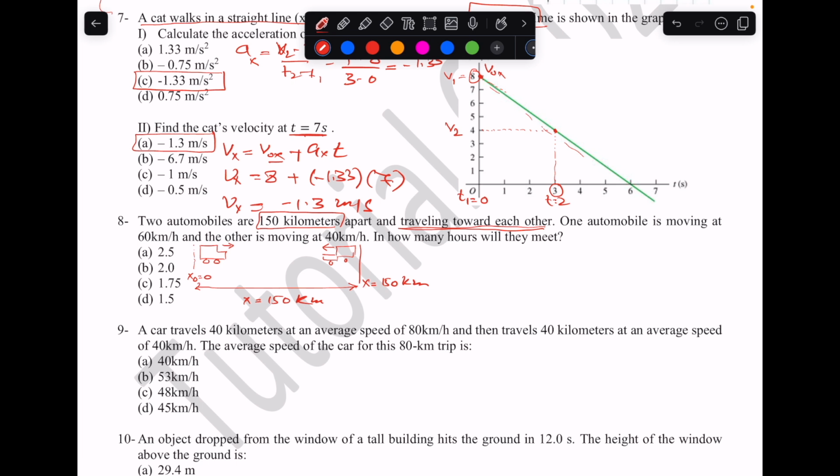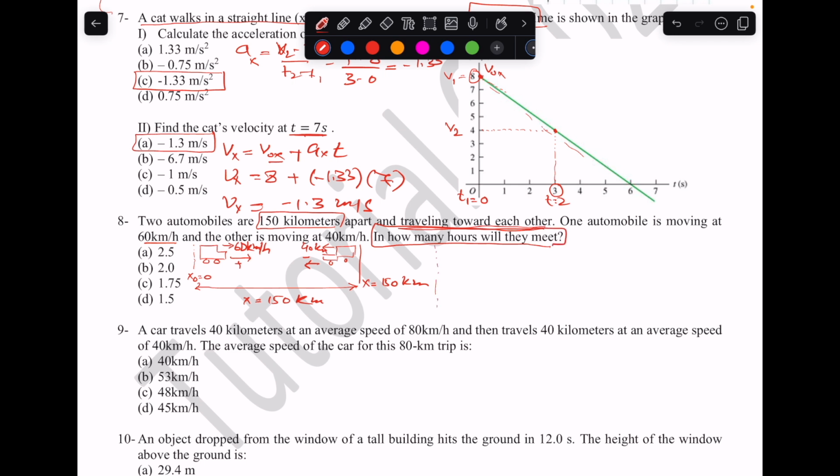One automobile is moving at 60 kilometers per hour, and the other is moving at 40 kilometers per hour. So if we take this direction to be positive, we take this direction to be negative. What we wanted to find is in how many hours they will meet each other.